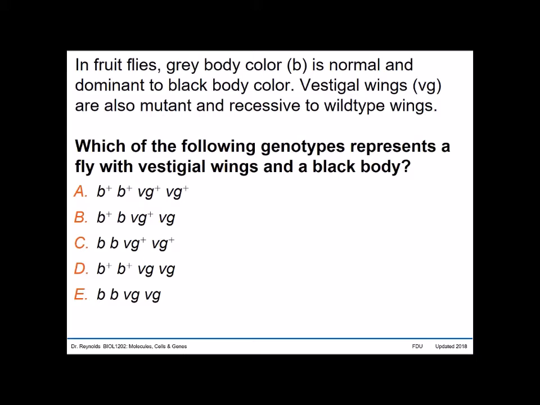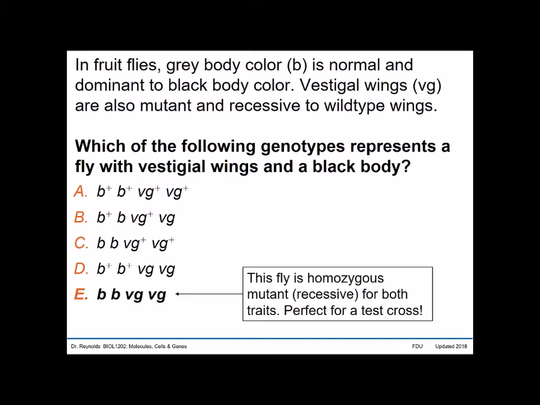Very similar for vestigial wings, the normal phenotype is dominant. That normal phenotype is going to be normal or large wings, indicated by VG+, and the tiny vestigial wings by just vg. Since this is recessive, in order to see the vestigial wing phenotype, we need to have a homozygous recessive at both of these traits.